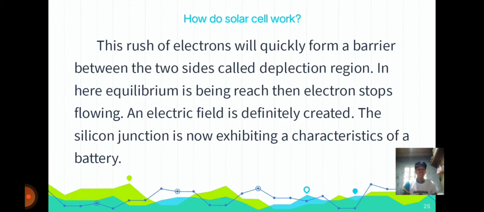The rush of electrons quickly forms a barrier between the two sides called the depletion region. Here equilibrium is reached, then electrons stop flowing. So an electric field is created. The silicon junction is now exhibiting a characteristic of a battery.